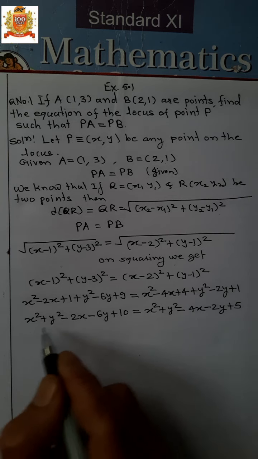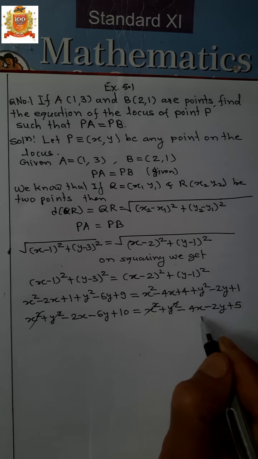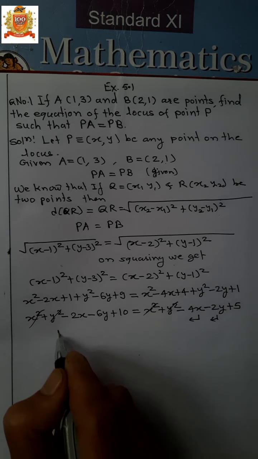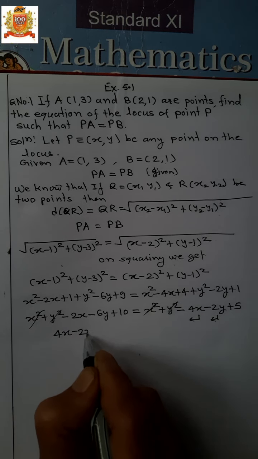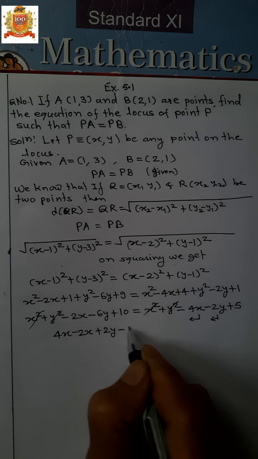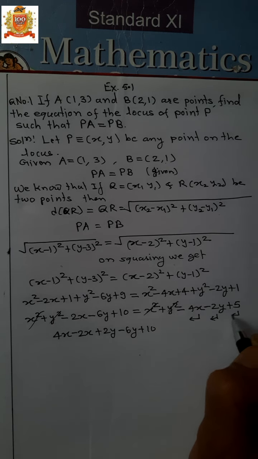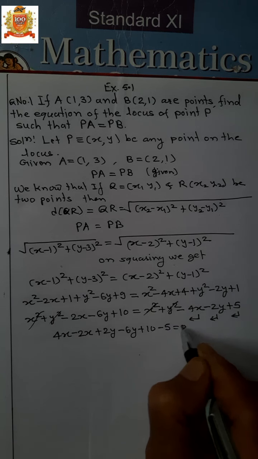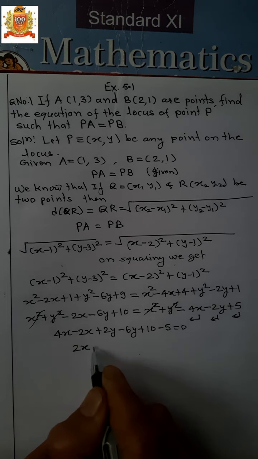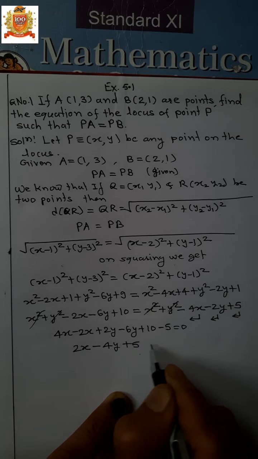Now x square gets cancelled, y square gets cancelled. Now transfer this to the left side. You will get 4x minus 2x plus 2y minus 6y plus 10 minus 5 is equal to 0. That is 2x minus 4y plus 5 is equal to 0.